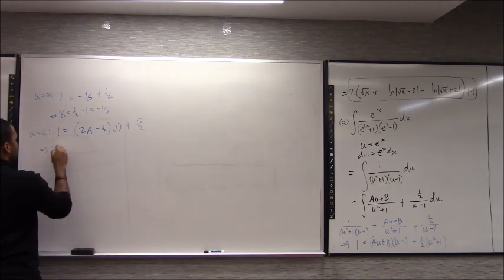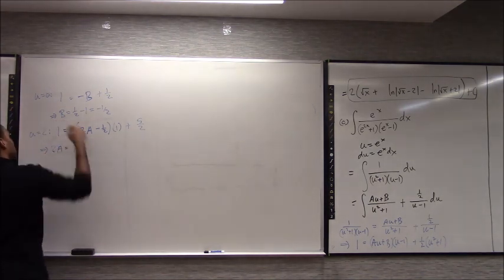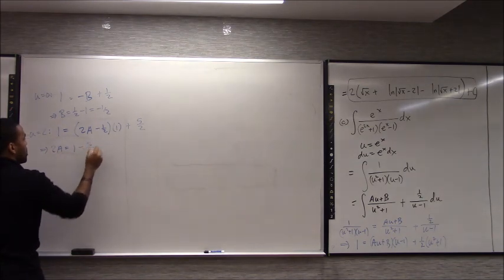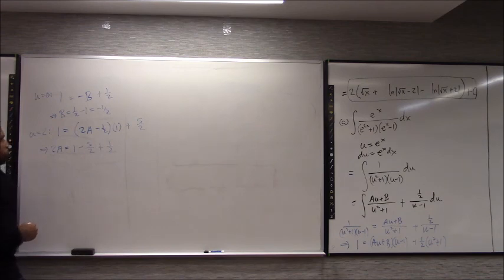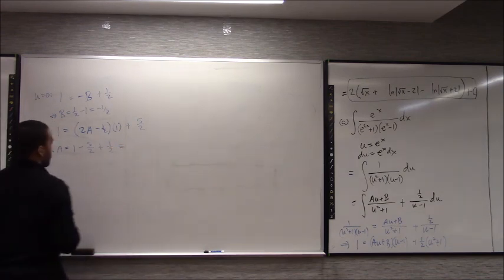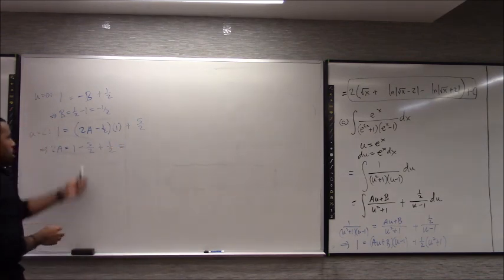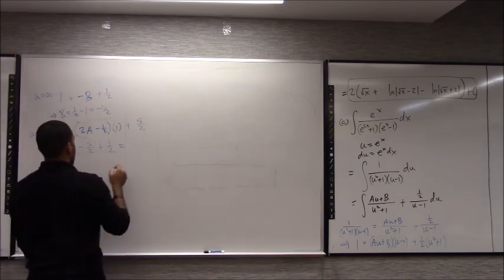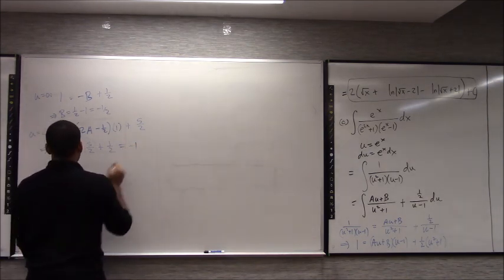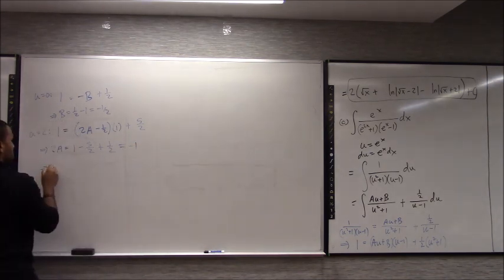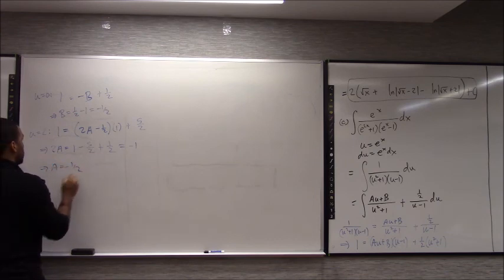So 2a is going to be equal to 1 minus 5 over 2 plus 1 over 2. So that's minus 4 over 2, which is minus 2. 1 minus 2 is minus 1. So this means your a is also negative 1/2.